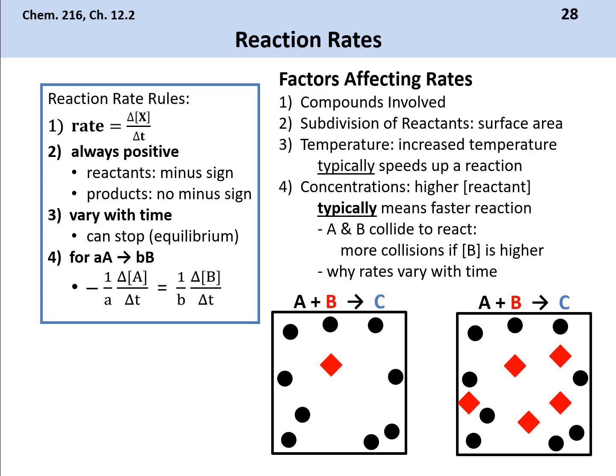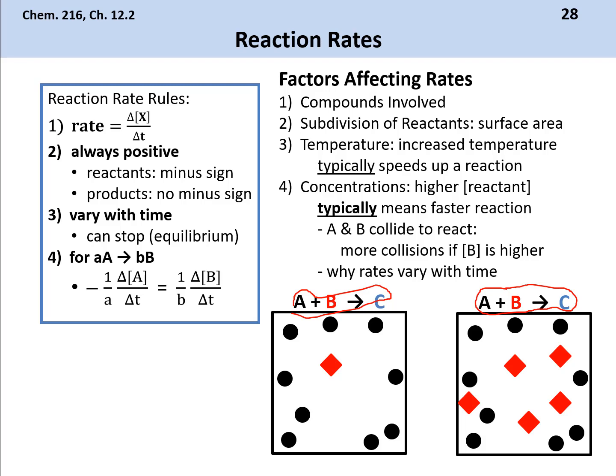All right, finally, the fourth of 5 is concentration. The higher the concentration, typically that means the reaction is faster, right? Let's look at this. A plus B goes to C. We have 2 examples here. In one, we only have 1 B molecule.